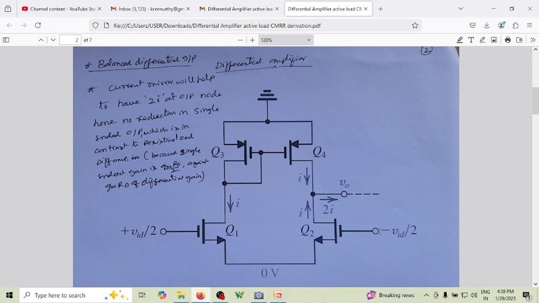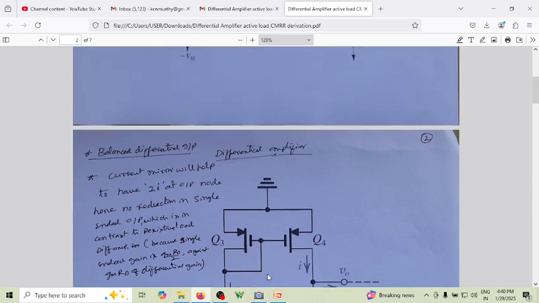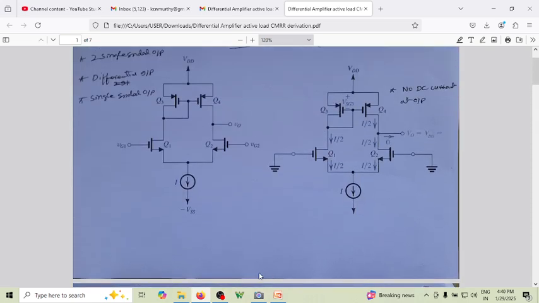As you know, if you are applying two inputs of the same magnitude but out of phase, it's a differentially applied but balanced input. So this is a differential balanced input, and this is 0 because we have zero current flowing through this resistor here. Of course, you can think of a resistor here.